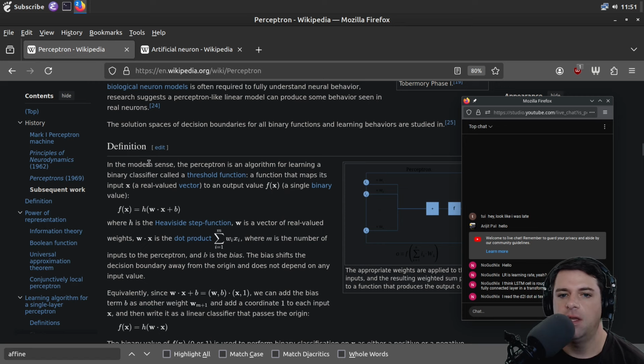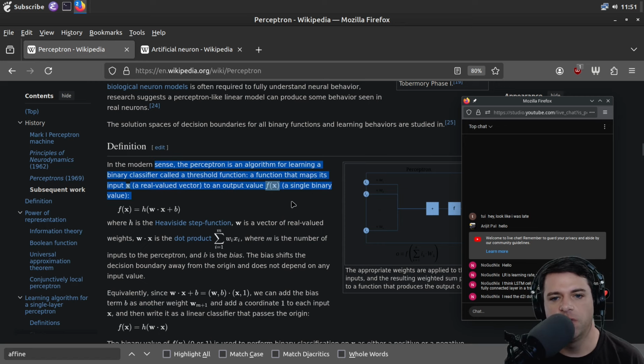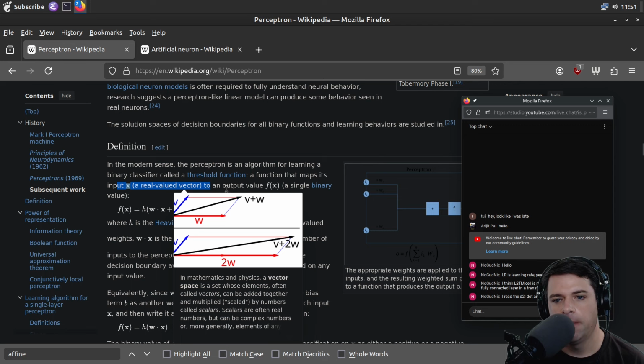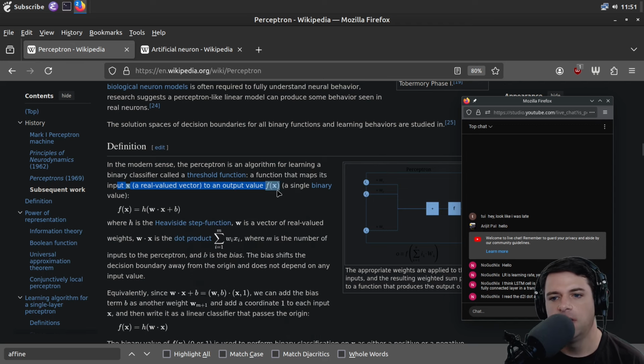In the modern sense, a perceptron is an algorithm for learning a binary classifier called a threshold function. A function that maps the input x, a real-valued vector, to an output value f of x, a single binary value. So it's binary. So you have some Heaviside step function. That's, I guess, the nonlinearity. And w is a vector of real-valued weights, and we're dot producting it with x. This is effectively a linear map. And then bias is the added term.